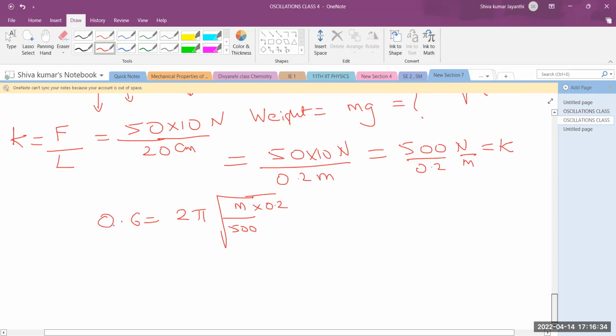Now what do you do? You find out the mass. How do you find out the mass? Squaring on both sides.